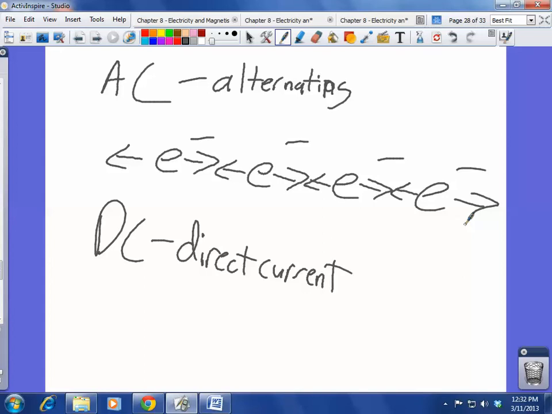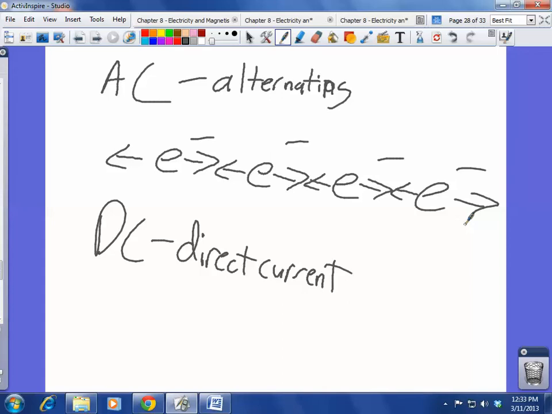What else do you think we do to prevent loss? Other way around, right? Because if we have a lot of current, if we have a lot of moving electrons, there's more chances for loss.